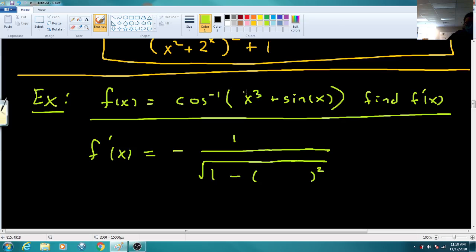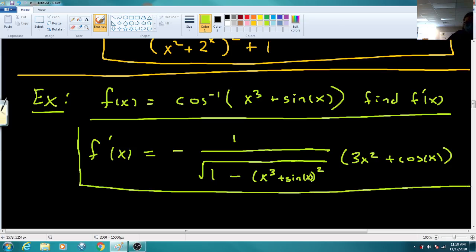What goes in here is the inner part left alone, so that'll be x cubed plus sine of x. Then you multiply this whole bit by the derivative of x cubed plus sine of x, which is 3x squared plus cosine of x. And that will be our derivative.